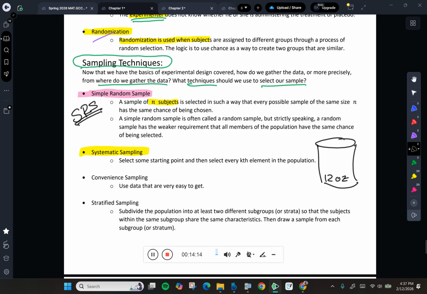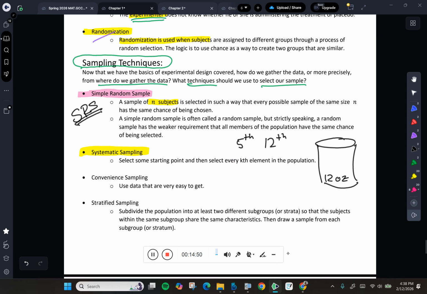And I could start at some point, just pick a random can, and then every 5th can after that, or every 12th can after that, just pick some random number and then start with the first can, whatever one I pick, and then 1, 2, 3, 4, 5, grab that one. 1, 2, 3, 4, 5, grab that one, until I reach my 50 cans for my sample. Systematic sampling. Right? It's really common when you have production line type stuff to use systematic sampling.